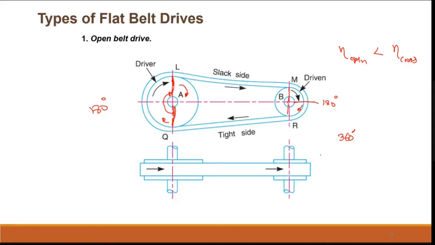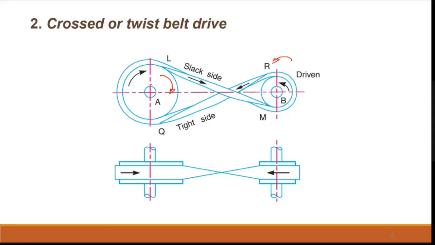Whereas if you go for a cross belt, it is different. You can see here the contact is 180 plus something, and here also it is 180 plus something. So the contact is more in cross belt drive. So the efficiency of the cross belt drive is also more when compared to your open belt drive, right?